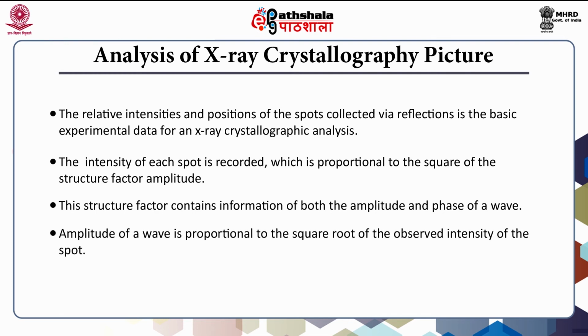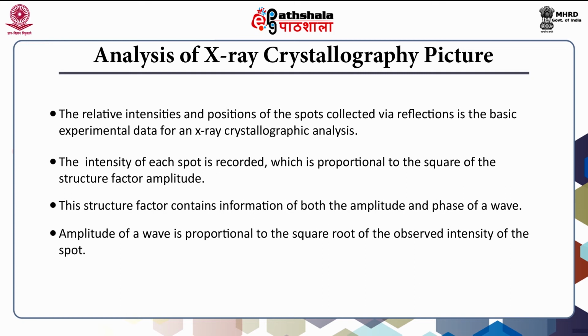Each reflection or each spot is formed from a wave with an amplitude proportional to the square root of the observed intensity of the spot. What does it mean? When you see the picture of X-ray crystallography on the X-ray detector film, we have a spot. How dark that spot is, that is the intensity of the spot.